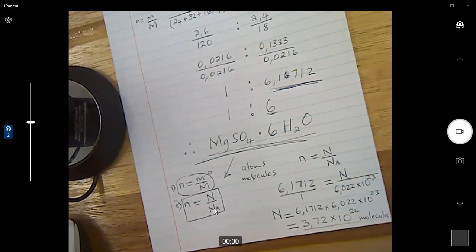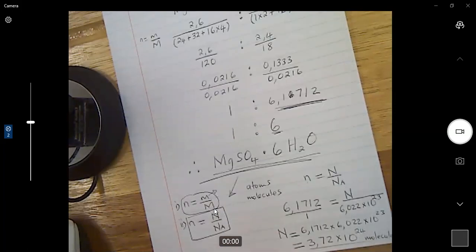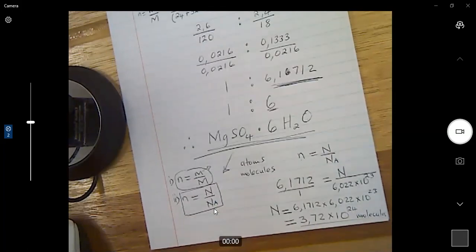Just like a car. How many cars do I have on the car park? I've got 10 cars. Now this question is asking how many wheels do I have on the car park? There are 10 cars. Each car has got how many wheels? 5, plus the spare wheel.